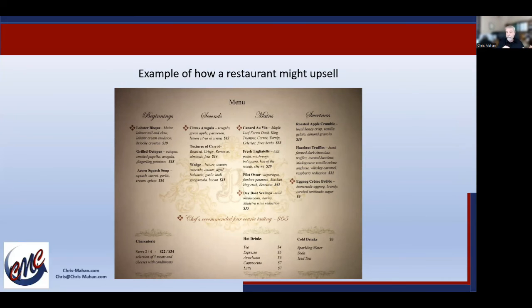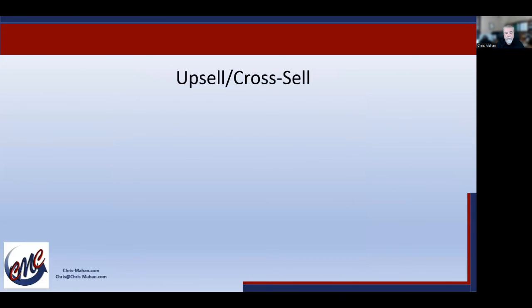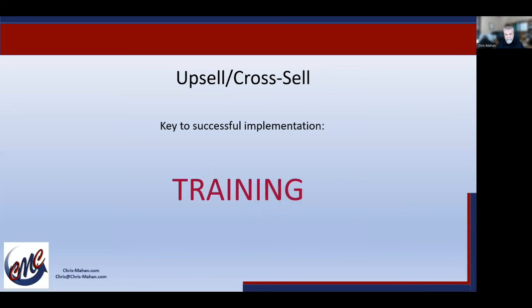Now, in the example before us, the server would highlight the $45 filet Oscar. The percentage of patrons who took the server's recommendations was significant enough to make this a profitable strategy for this restaurant. Now, remember, the key to the success of the upsell cross sell strategy is training. Your sales staff needs to be effectively trained to make these opportunities available to your customers and clients.